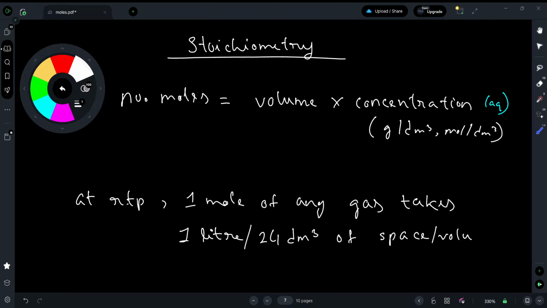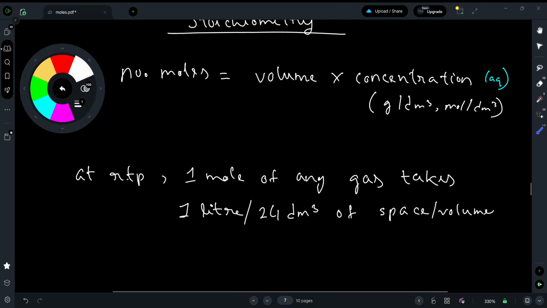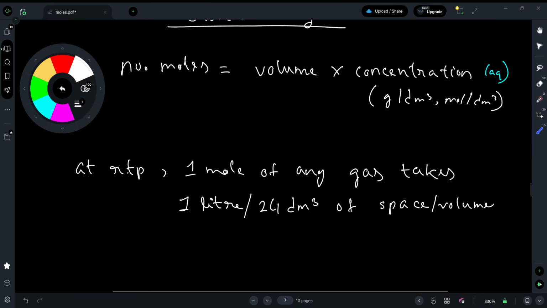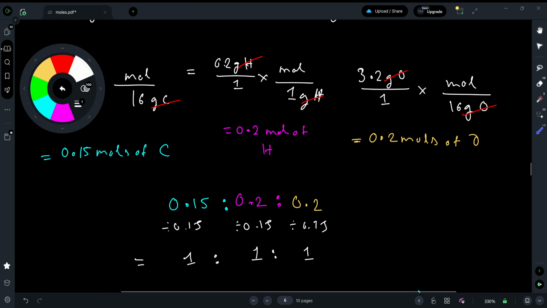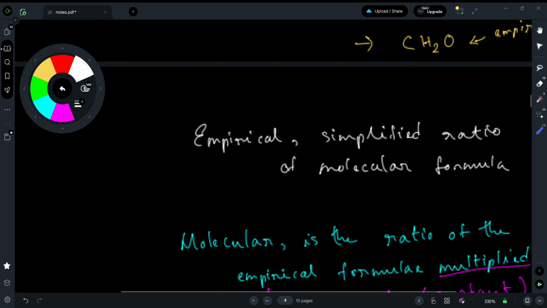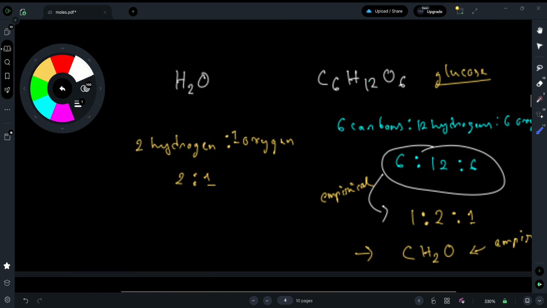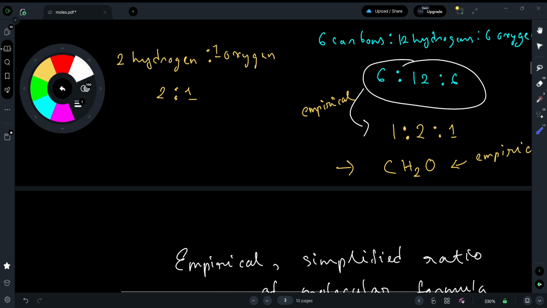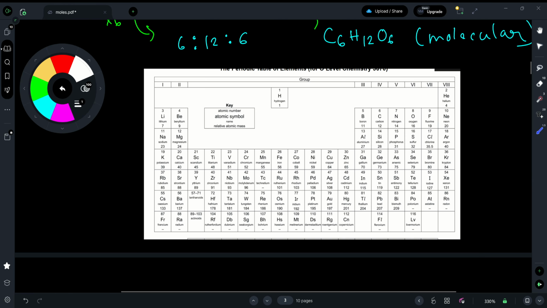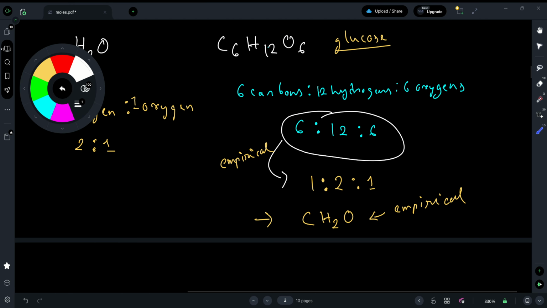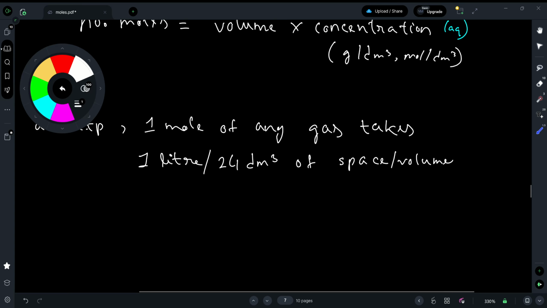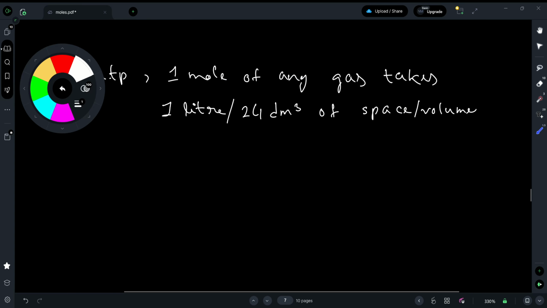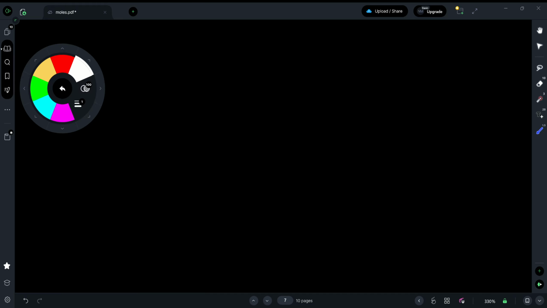So 24 dm cube of space at room temperature and pressure. These are the 2 other things we have to remember apart from the molar mass that we learned while doing empirical and molecular formulas. So let's go back. The best way to understand stoichiometry is by doing questions.